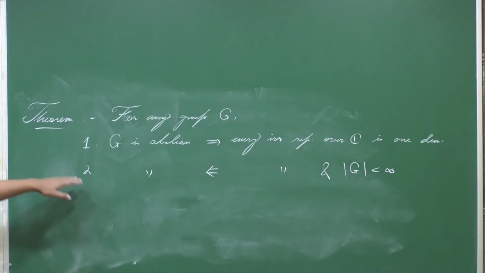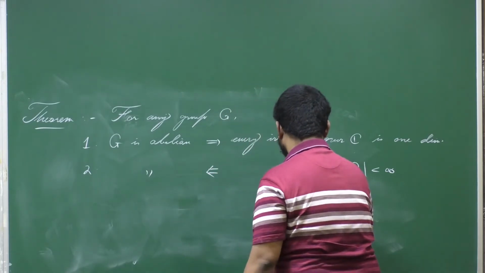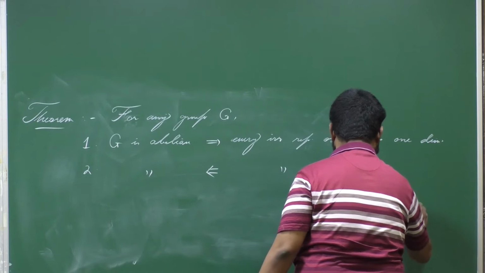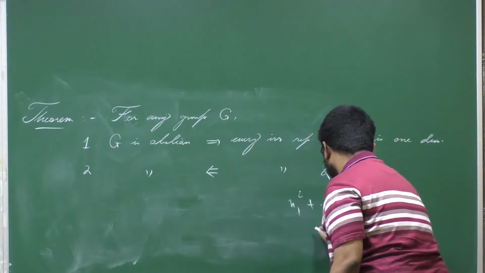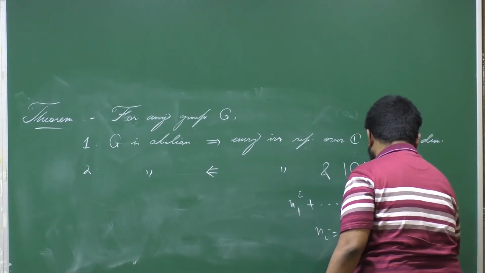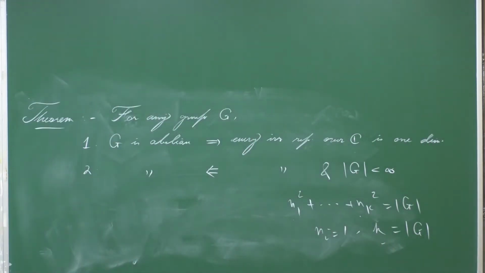Why is this true? This is simply because in this case you just apply this dimension formula. So in this scenario each ni will be 1. Therefore it forces k to be the order of G. And what is k? k is the number of conjugacy classes.